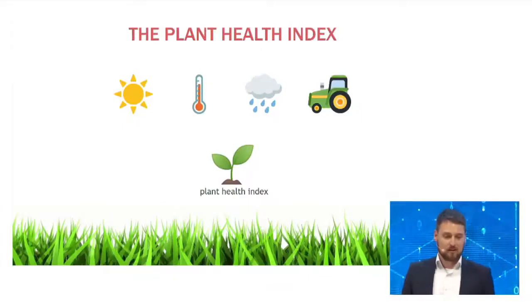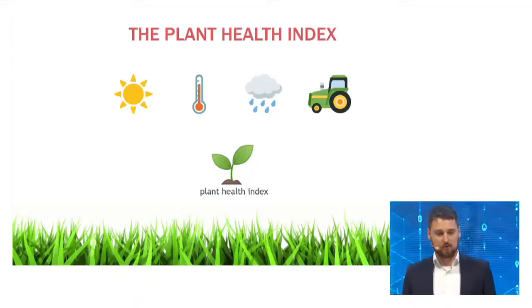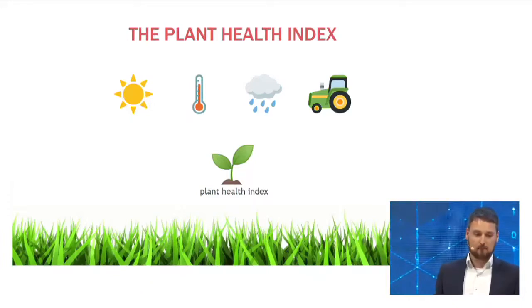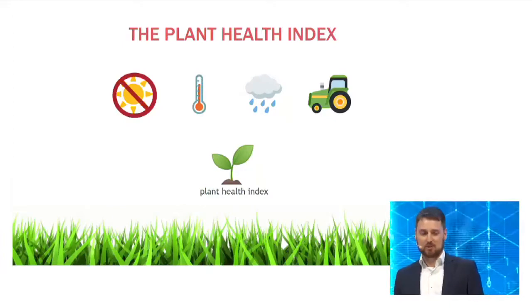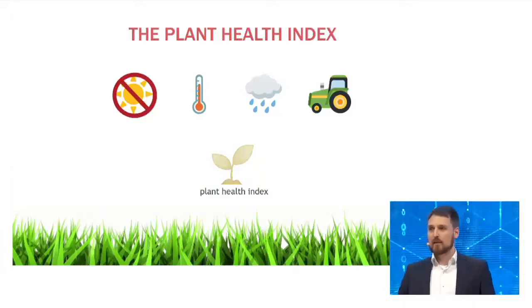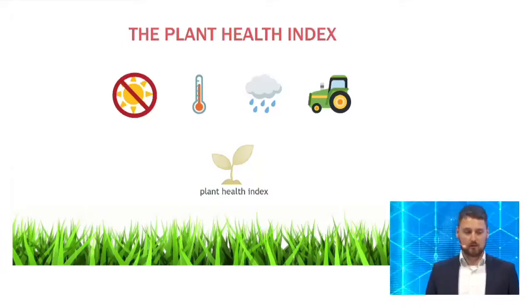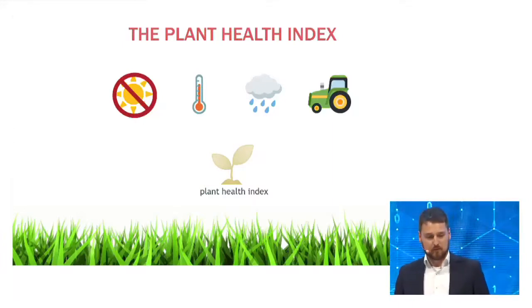So I'm going to show you how that works. Let's see, the plant health index is just fine. All the parameters are okay. Now let's say one day the sun doesn't shine as much as we need it in the arena. So our plant health index will turn color because the reflected light will change.